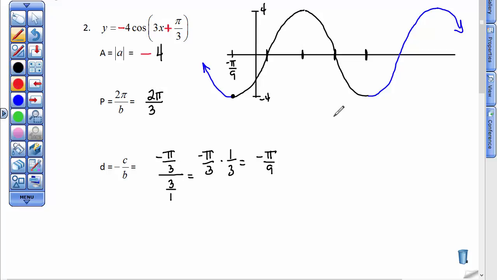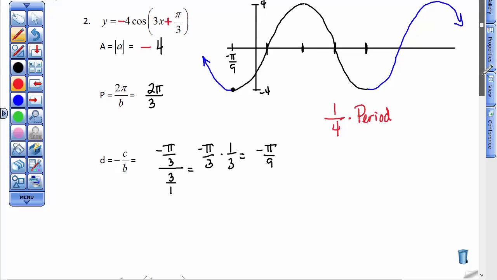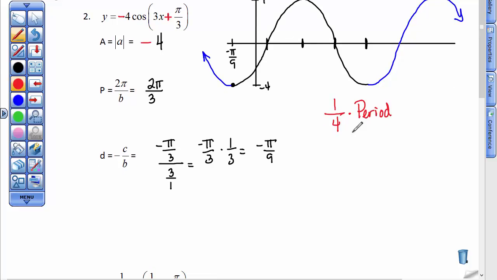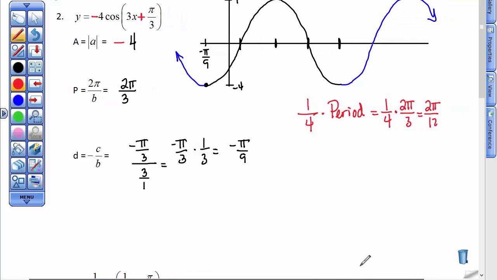I am in favor of always taking 1/4 of the period, and I always do this in red, whether I'm in class or making videos, because I really want you to see this boldly. So 1/4 of the period, which is 2 pi over 3, is 2 pi over 12, and 2 pi over 12 reduces to pi over 6.